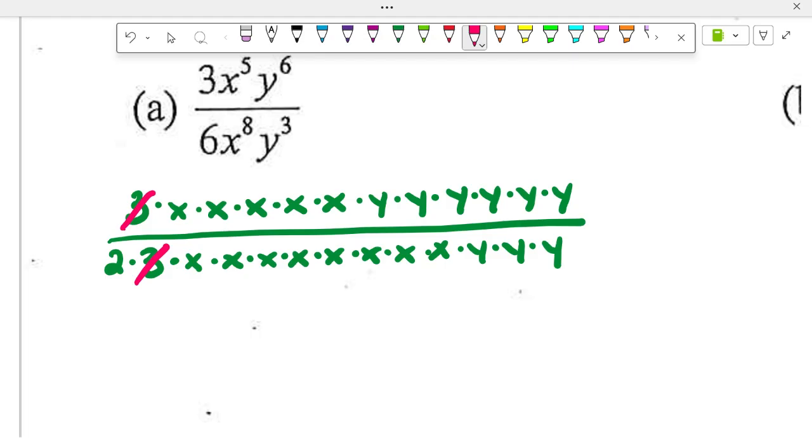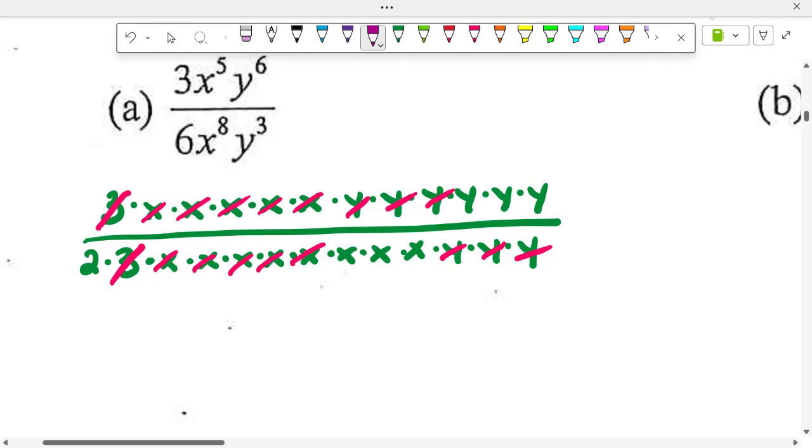So how many x's could I cross out total between the top and the bottom? 5. So 1, 2, 3, 4, 5. So the leftover ones we leave alone. Same thing with the y's. How many y's can I cross out between the top and the bottom? 3. So 1, 2, 3.